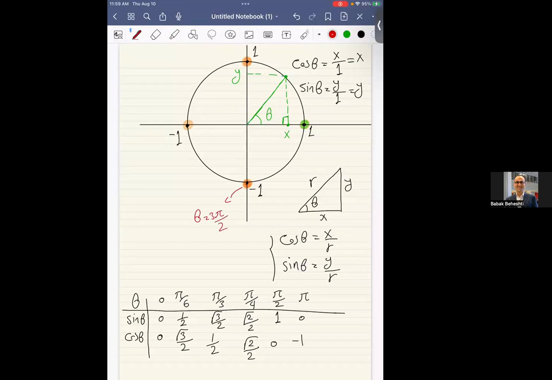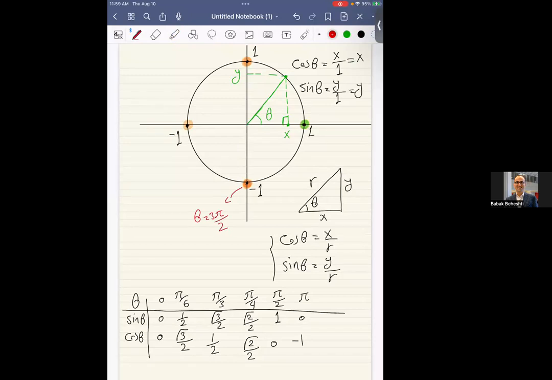So what is the cosine of 3 pi half? Cosine is the x-axis, the x coordinate. What is the cosine of 3 pi half? X coordinate. 0. What is the sine of 3 pi half? -1. Exactly. Now 2 pi, you go back at 0.